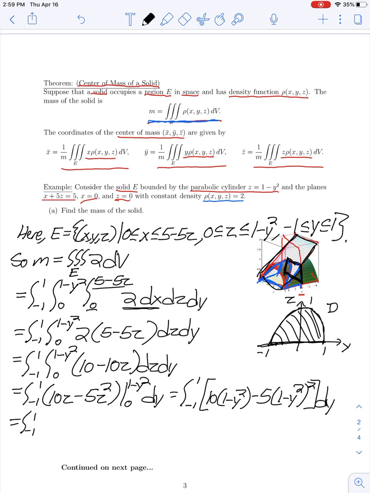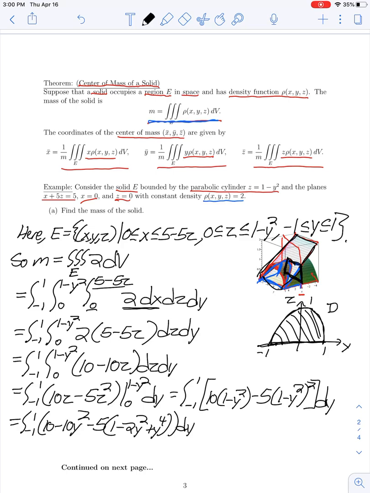We've got the integral from -1 to 1 of, distributing our 10 to the first term, we have 10 minus 10y squared, and then we are subtracting 5 times, if we expand 1 minus y squared quantity squared, we have 1 minus 2y squared plus y to the fourth dy.